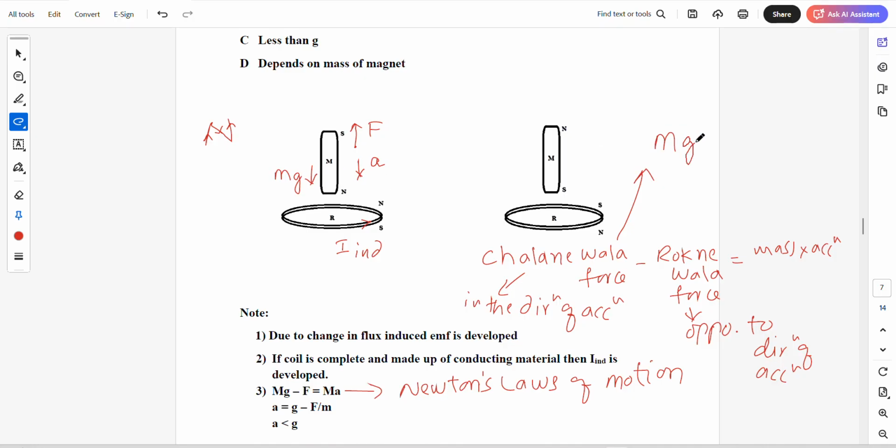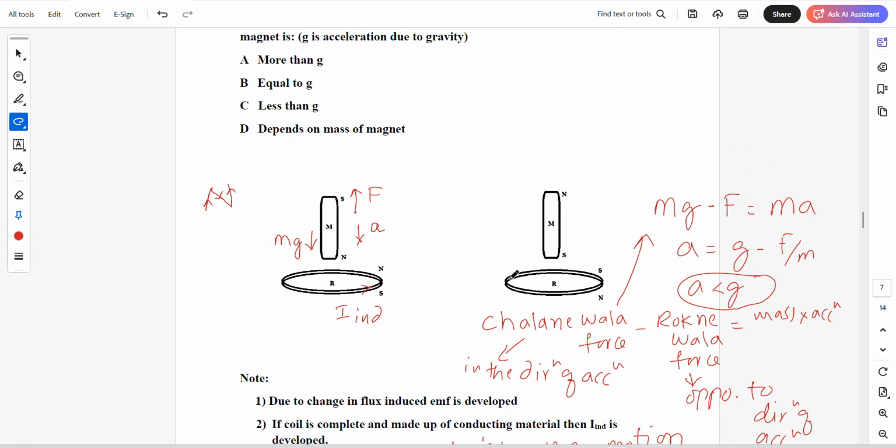The opposing force is F, equal to mass into acceleration, m into a. From here you can simplify: a will be equal to g minus F by m. Therefore a is less than g here. Acceleration is less than acceleration due to gravity. a is less than g.